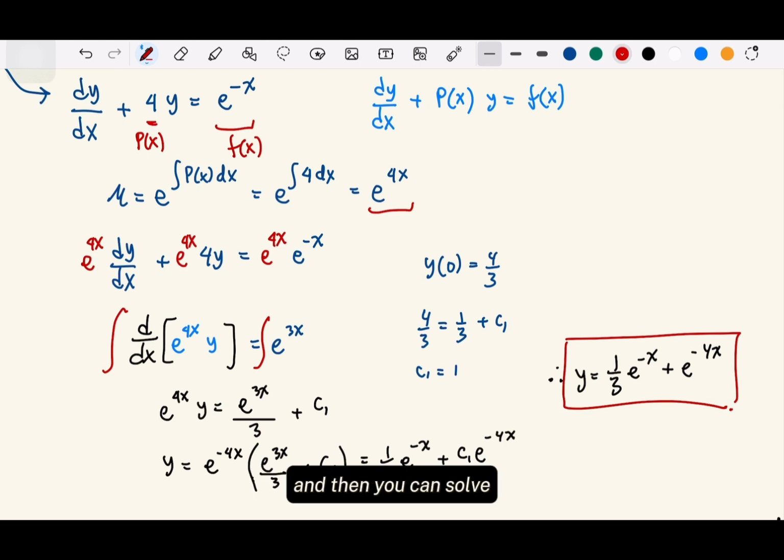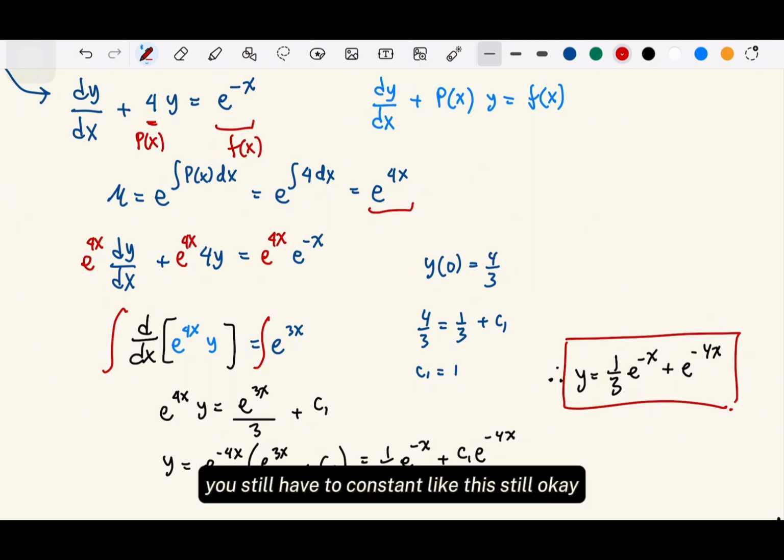If the question gives you the initial condition, then you can set up the initial value and get the exact solution. Or maybe you still have the constant like this, which is still okay.